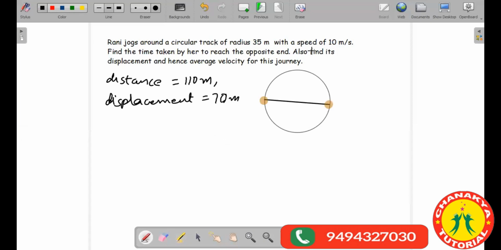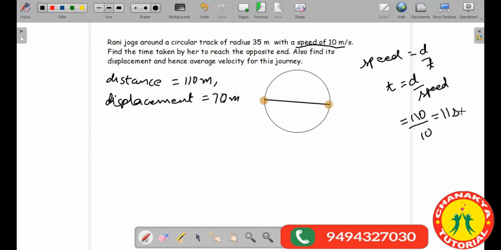We are given her speed, and the formula of speed is distance by time. So time would be given by distance by speed. So the distance she is traveling is 110 meter divided by speed, which is 10. So she will take 11 seconds.